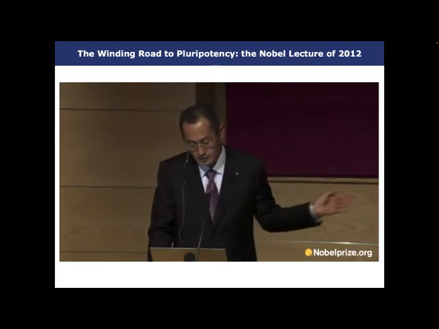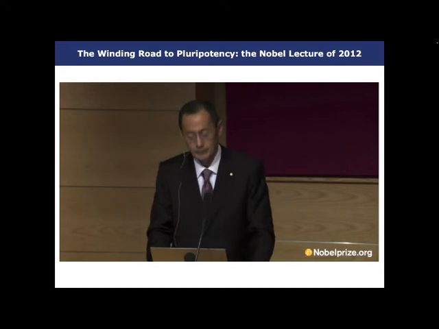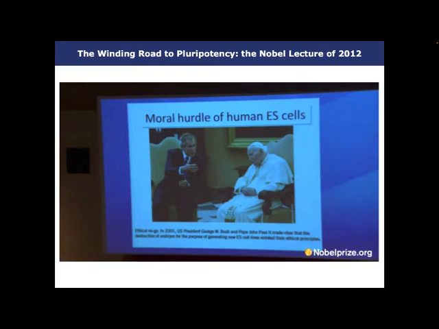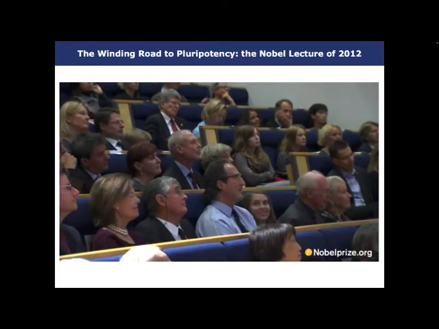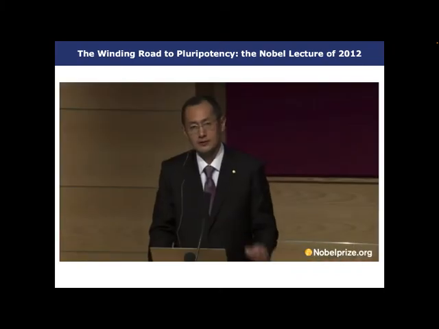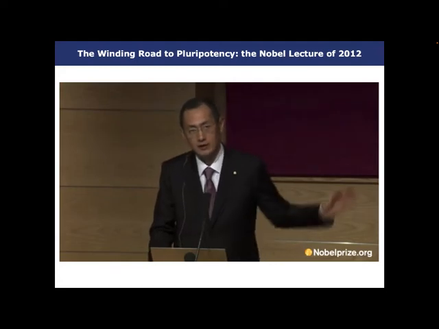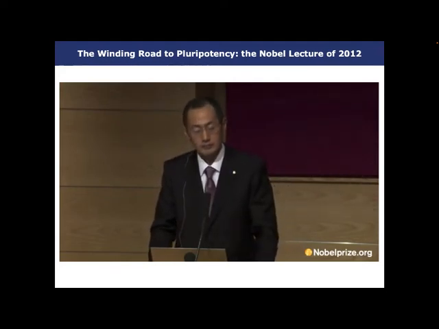By doing this, we should be able to overcome the moral, ethical hurdle of human ES cells. Because we have to use human embryos to generate human ES cells, many people are against the generation and the usage of human ES cells. But if we can make ES-like cells from adult patients' own somatic cells, we can avoid this moral hurdle.